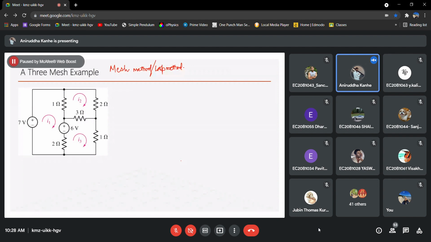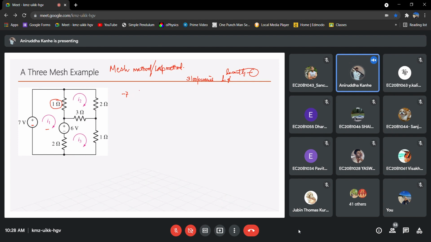There are 3 loop currents, that is loop 1, 2, and 3. So let us start writing from I1, loop 1. This is a negative sign which you are encountering, so you can write minus 7. And then this comes here.